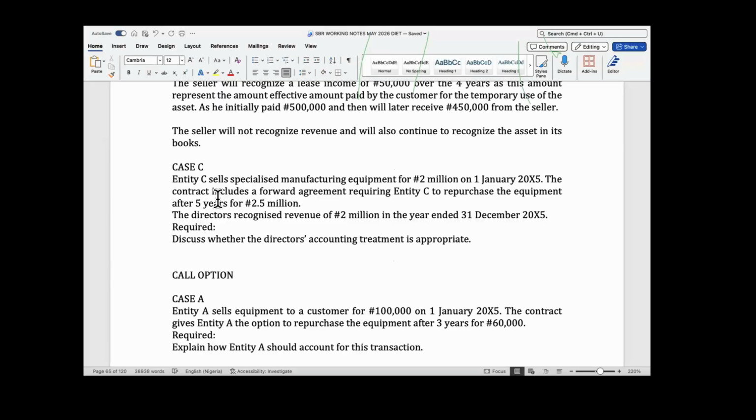The directors recognize revenue of 2 million. I've taught you this, so who can tell me, is this correct, what the directors have done? And if not, what should be the correct treatment? Anybody?